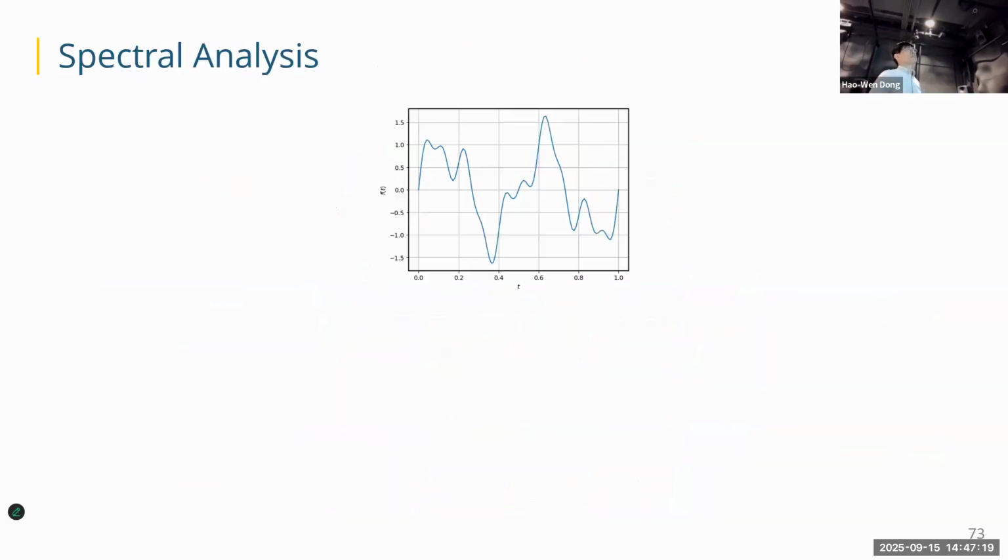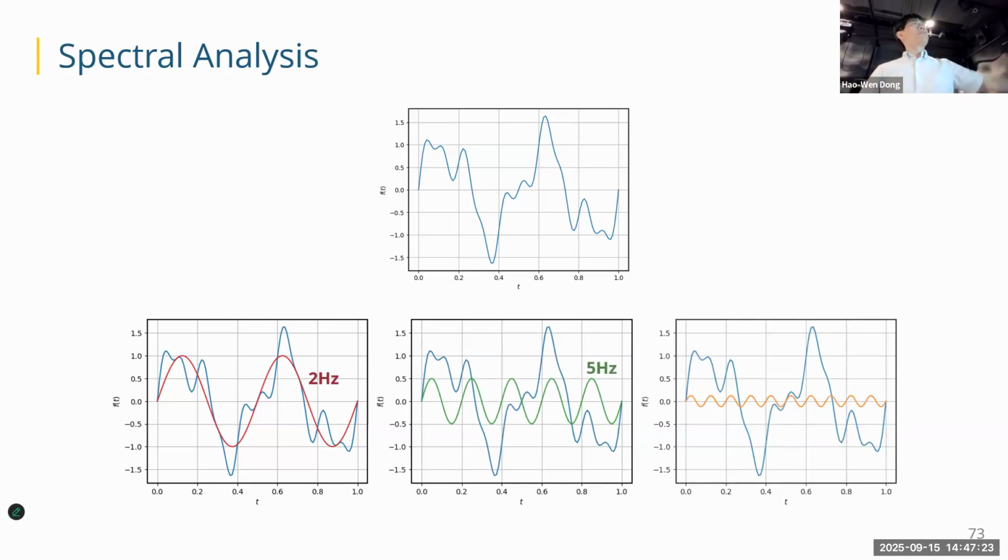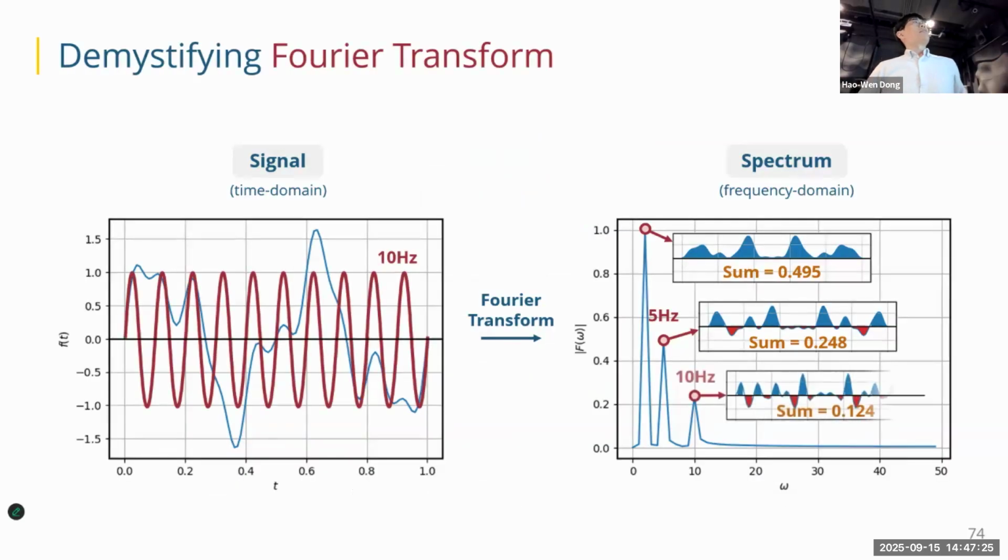And then we talked about spectral analysis. Our goal is just to decompose things into different components. This is how we do it. You grab a signal of a different frequency, you pass it onto the signal, you compute the multiplication, and you sum over the whole blue area minus the red area.